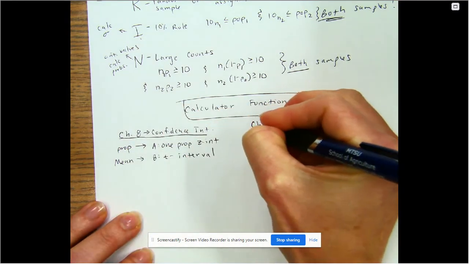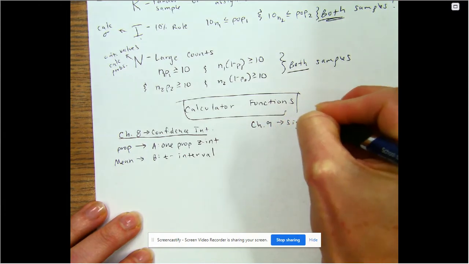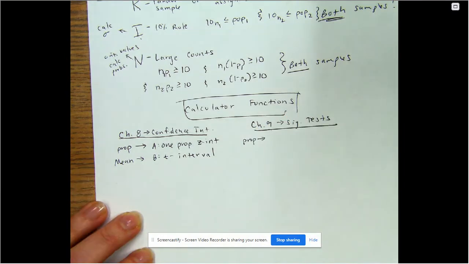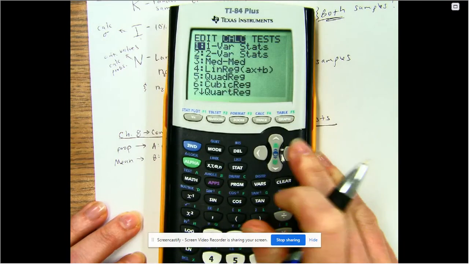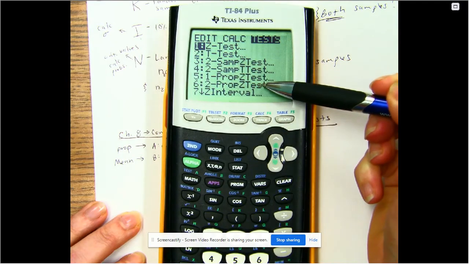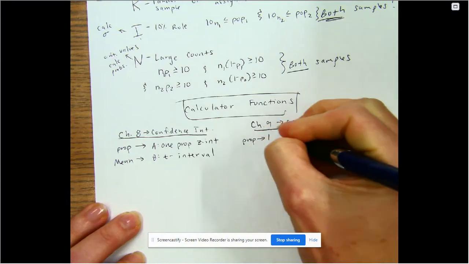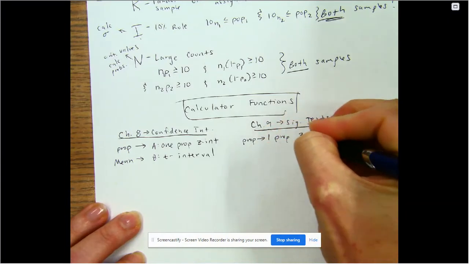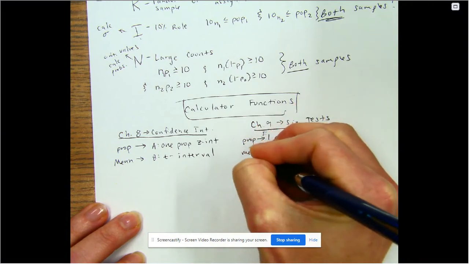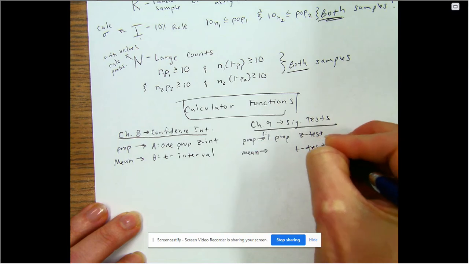In chapter 9, for significance tests, if it was a proportion, you went to a 1 proportion z test, number 5. You probably see where this is going. For means, we used a t test, number 2.